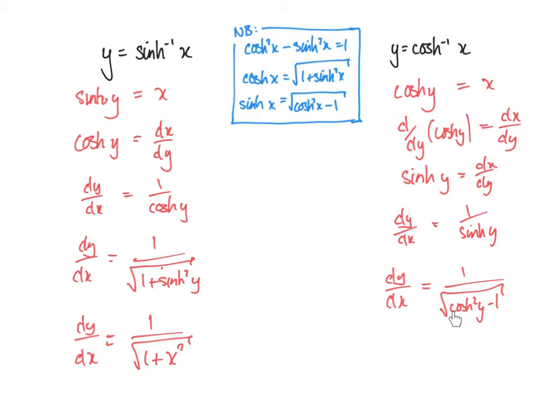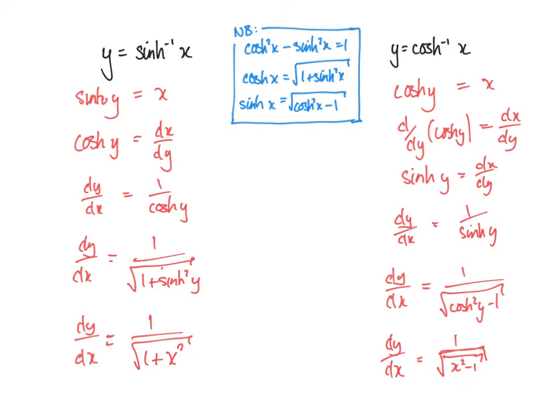That's what we've put it equal. So this cosh squared y we can change for x squared. And so again, our differential dy by dx is equal to 1 over the root of x squared minus 1. Let's put that in there. Okay. And so we've got this thing that when we have y equals the inverse cosh of x, when we differentiate that, we get 1 over the root of x squared minus 1.